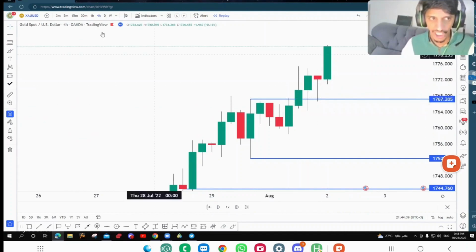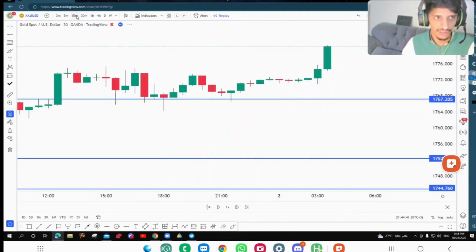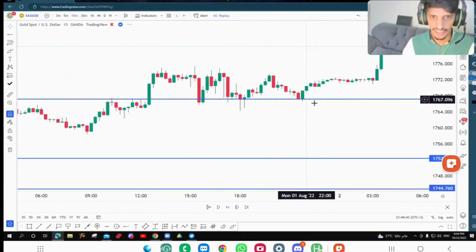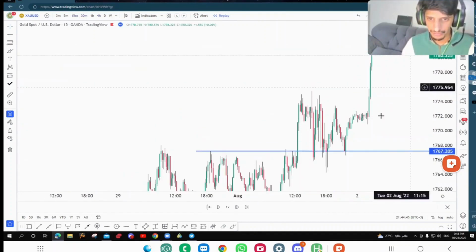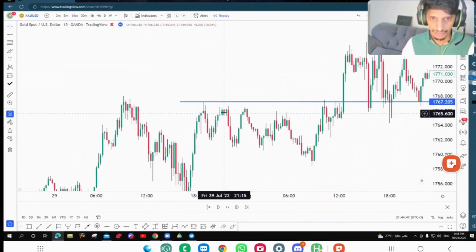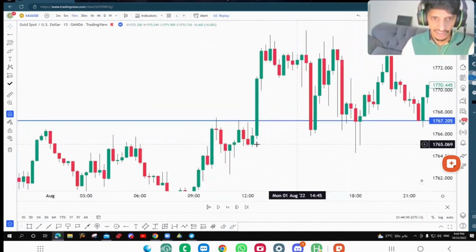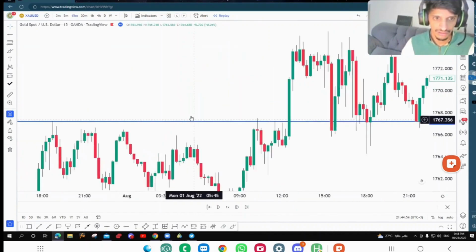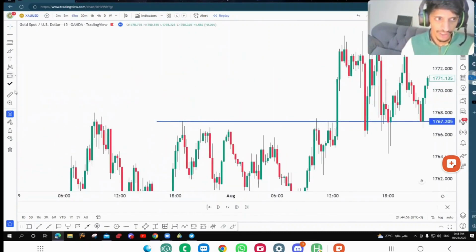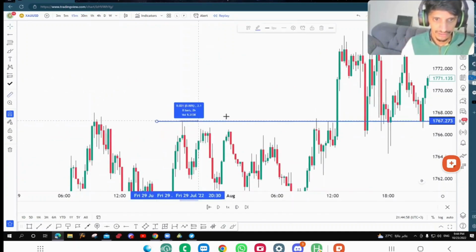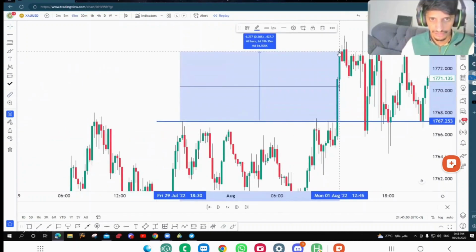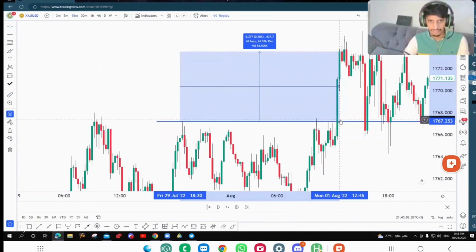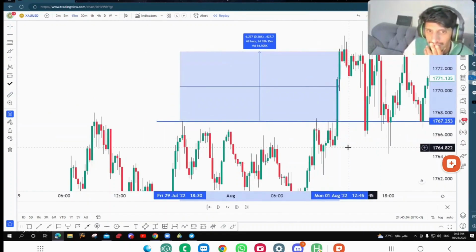Once it breaks the level, you have to go to 30 minutes, 15 minutes, and see what's going on here. Now, this is the candle that broke it. If you place a buy stop here, then we are supposed to lose the stop loss. The buy stop is activated. Yes, of course, it's activated and it's already going up 60 pips.